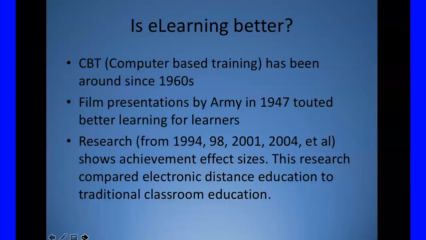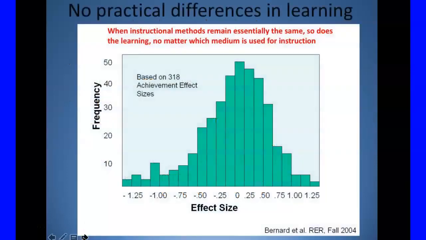But research from different years, 94, 98, 2001, 2004, and on, shows what they call achievement effect sizes, which is something we'll talk about later in this course. But this research basically compared electronic distance education, which is what they used to call e-learning, to traditional classroom education. So when you look at effect size, the thing that you see is that most of the results cluster right here, so that the effect size right here from 0, there's not much deviation, less than 1/4 of a percentage point.